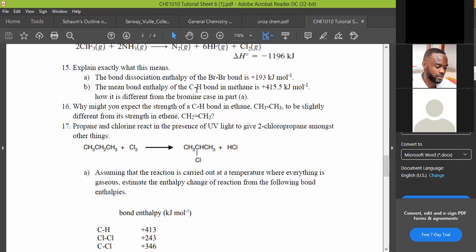So this simply means it takes 193 kilojoules of energy to break 1 mole of bromine bonds, to break the bonds between bromine atoms in 1 mole of bromine.